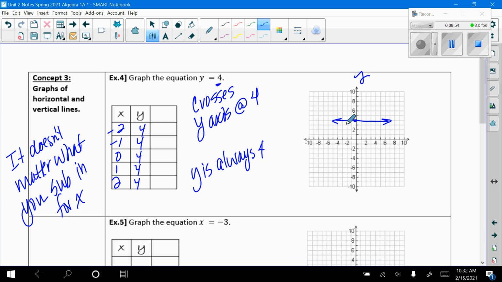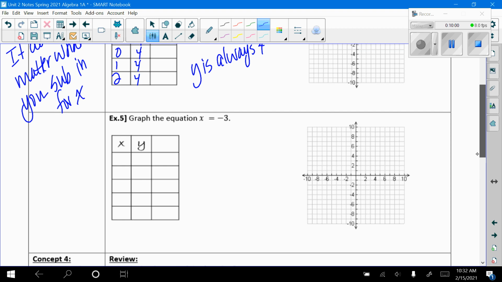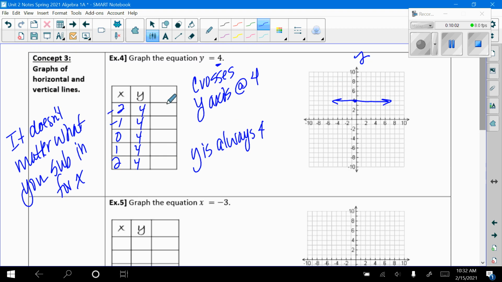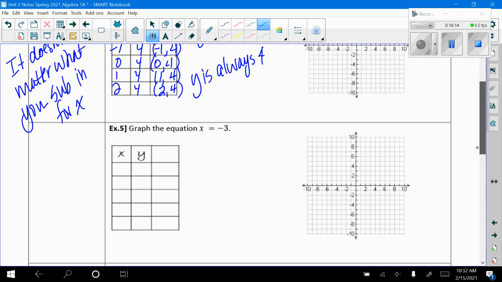It's all going to be 4 on the y value. So all of these are going to be like negative 2, 4, negative 1, 4, 0, 4, 1, 4, and 2, 4.